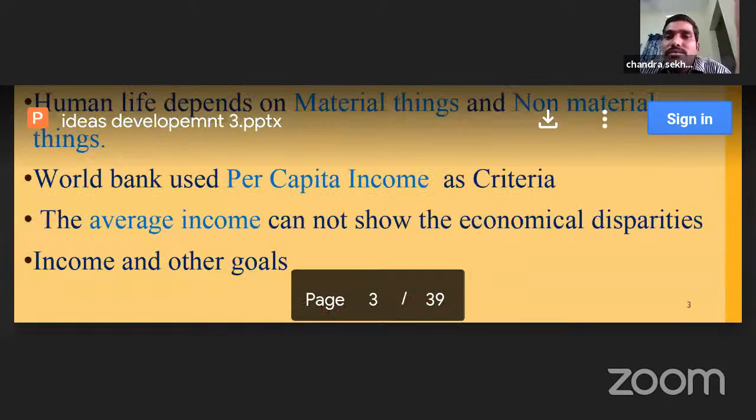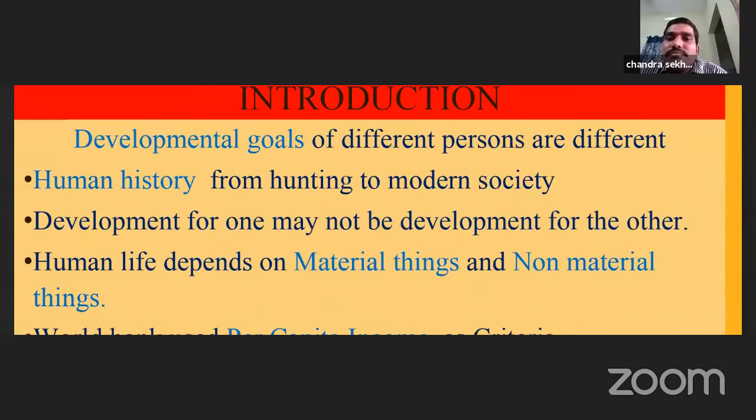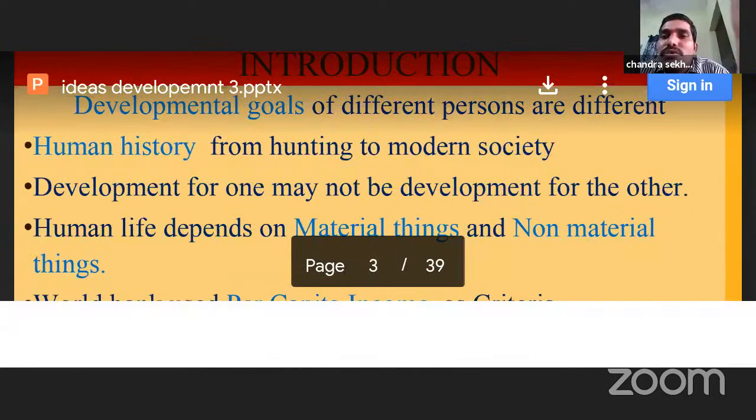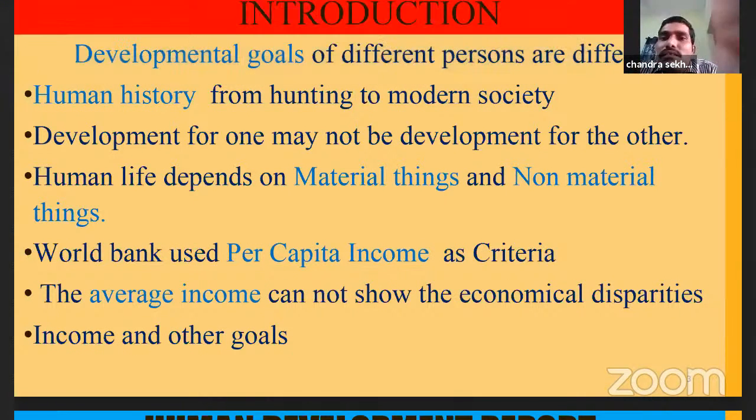Now, introduction. As we know earlier, development involves the thinking process about our aspirations, goals, and different developmental goals of individuals. Developmental goals of different persons are different, and they depend on individual aspirations.